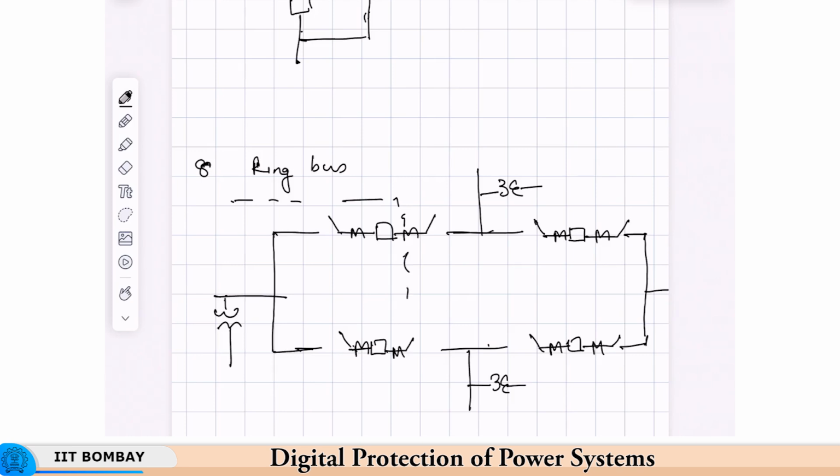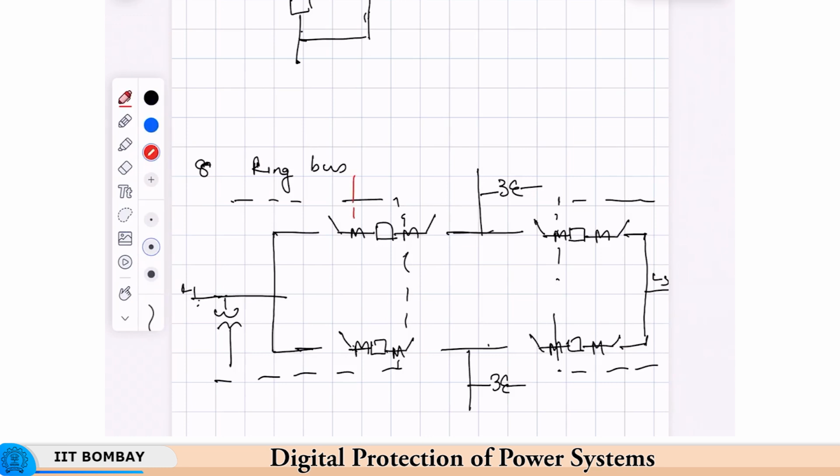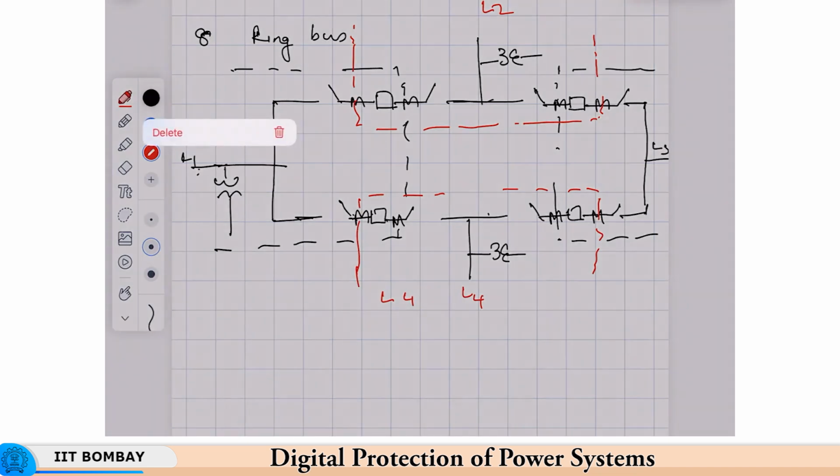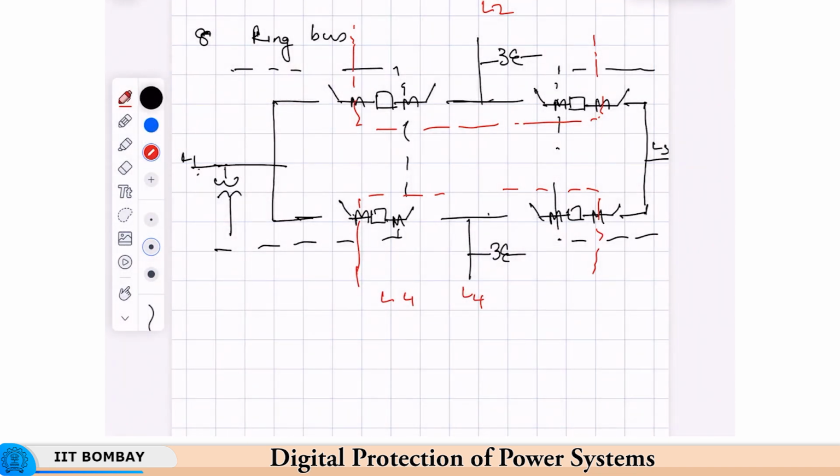You can see that this will form part of say line 1, then this will form part of say line 3, then this part of the bus will form part of line 2, and this part will form part of line 4. Okay.